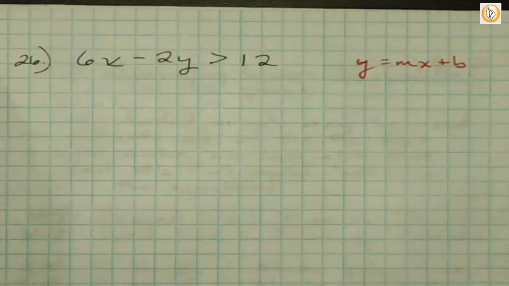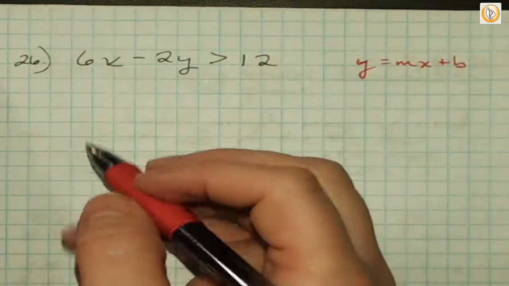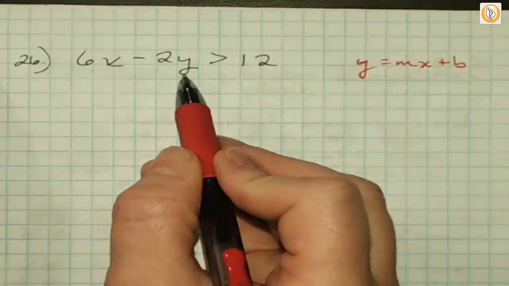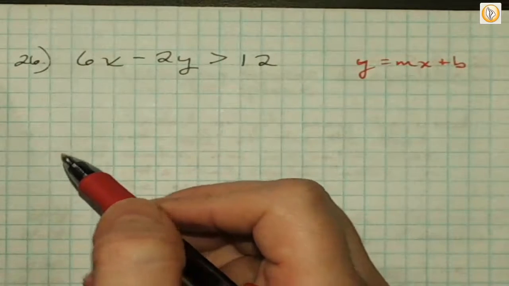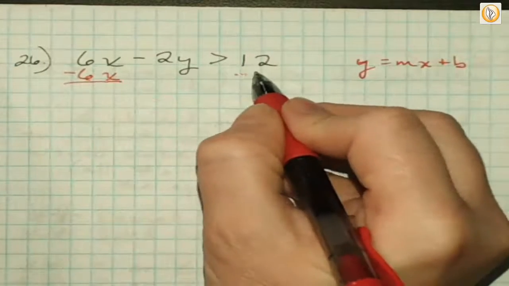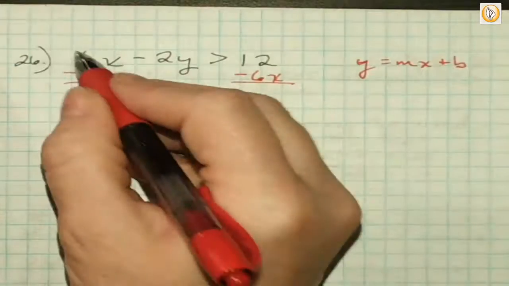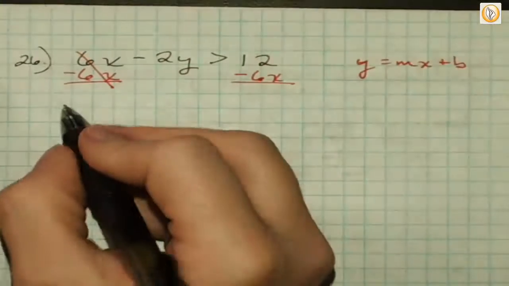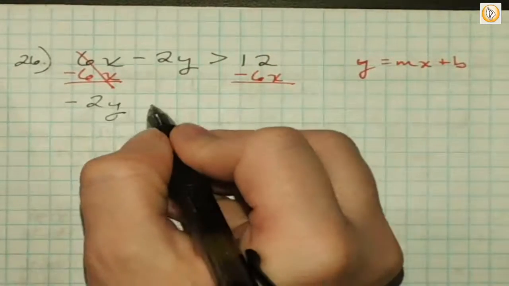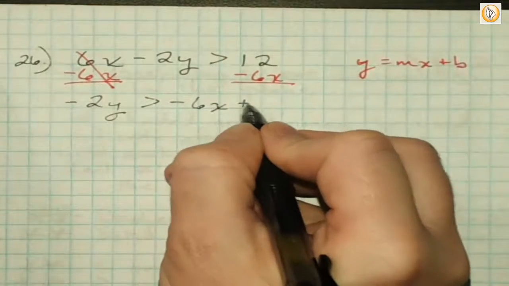What do we have to do to get y all by itself over here? Subtract 6x on both sides. We have to move that whole term over there. So that cancels out, and I'm left with negative 2y is greater than negative 6x plus 12.